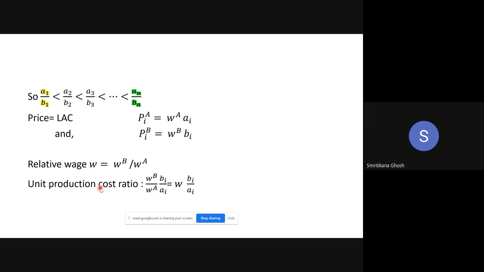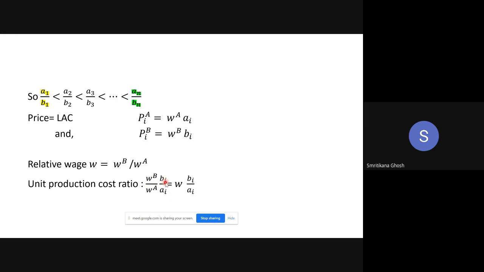Now, unit production cost ratio. Unit production cost ratio means the ratio of the LAC of different countries. So, for the same commodity, remember this is for the same commodity, it is WB into BI divided by WA into AI.